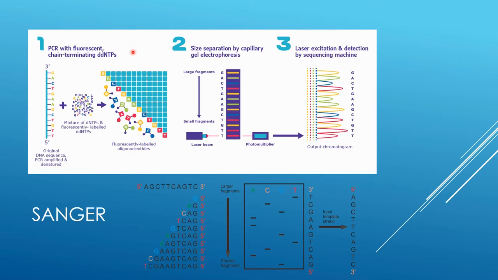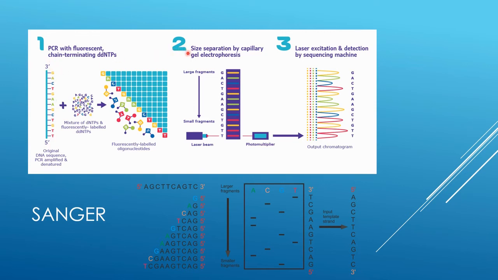And when ddNTPs are sequenced onto the target frame, it terminates the chain and basically stops the amplification. So this occurs at every position along the target DNA strand until we have many DNA strands that are of various lengths across the entire target DNA strand.